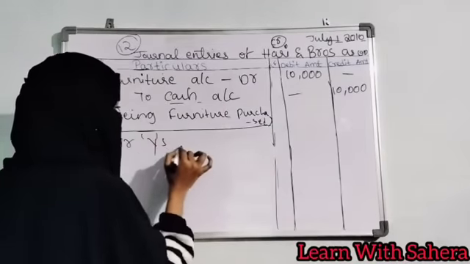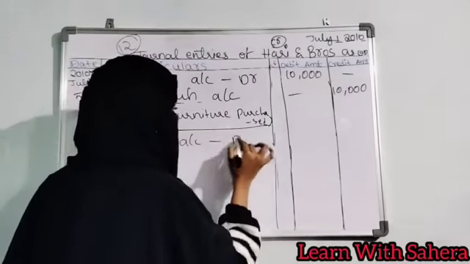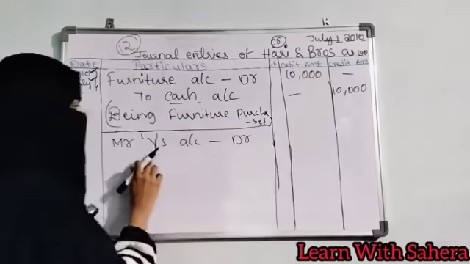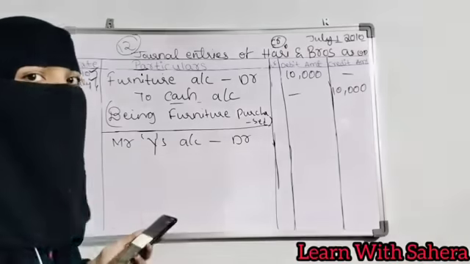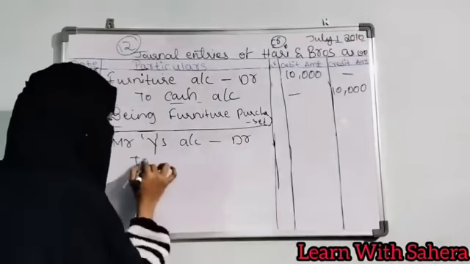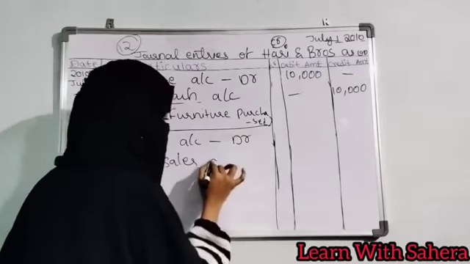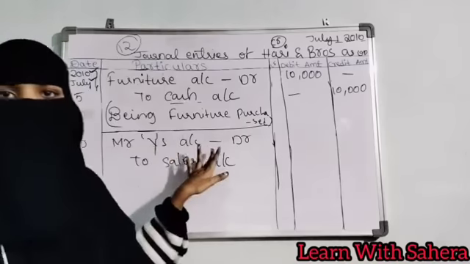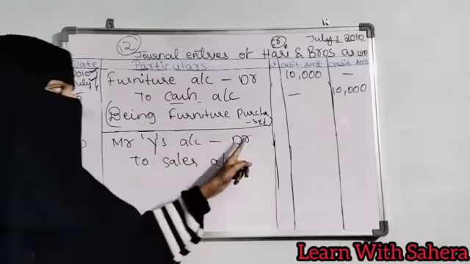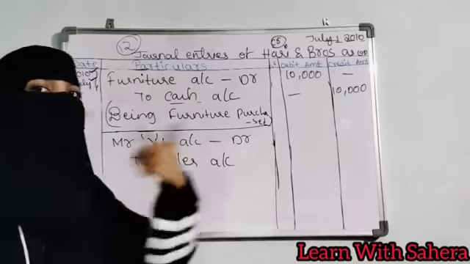Mr. Y's account debit. Why? Because Y is receiving the goods. What we are doing? We are selling. So what it will come to? Sales account. Got my point? Y is receiving the goods, so Y will be under the debit. We are selling.